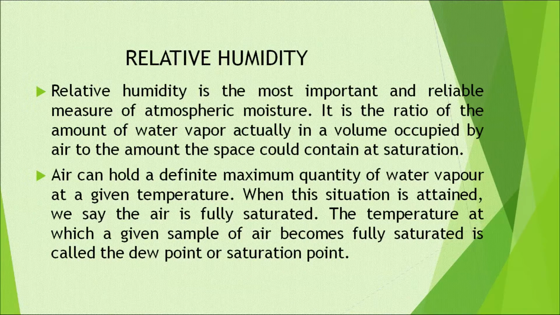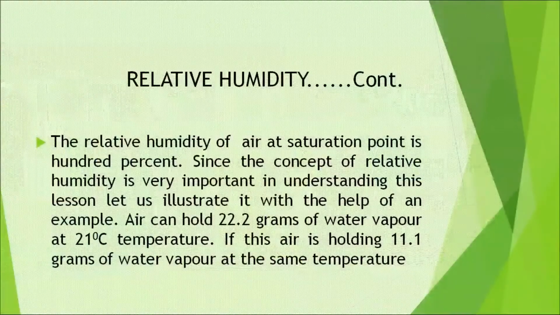When this situation is attained, we say the air is fully saturated. The temperature at which a given sample of air becomes fully saturated is called the dew point or saturation point. The relative humidity of air at saturation point is 100%.